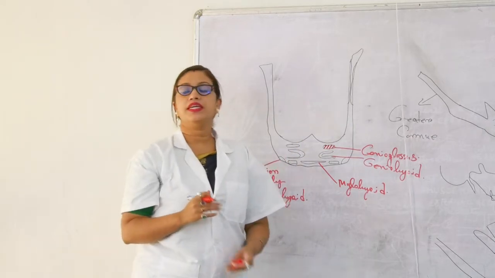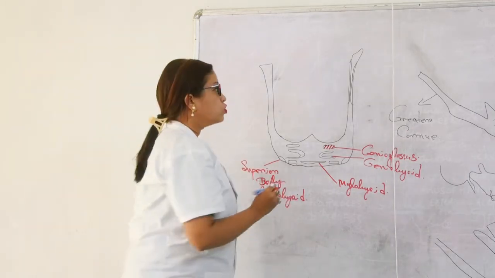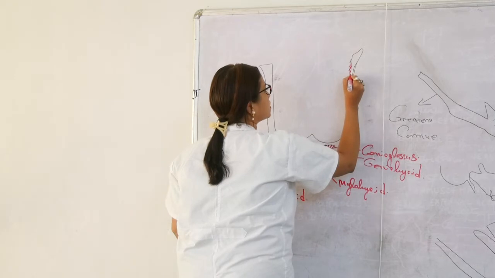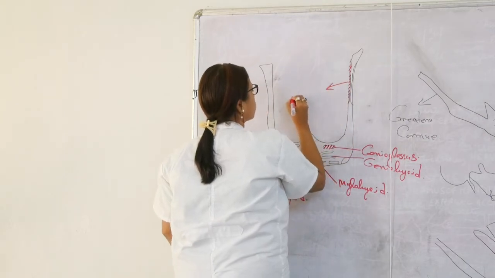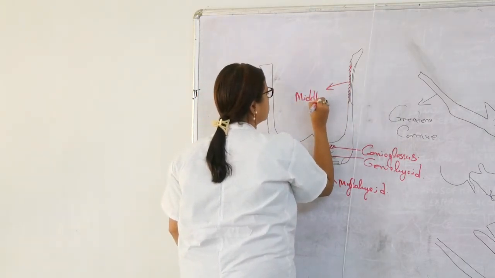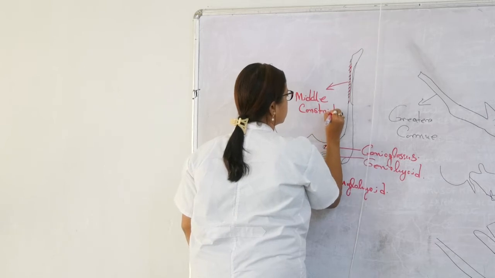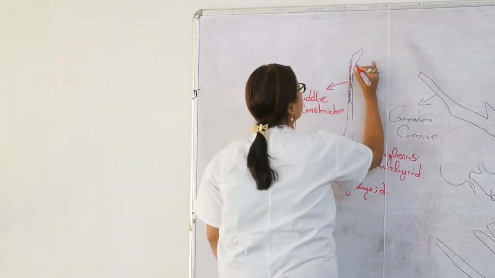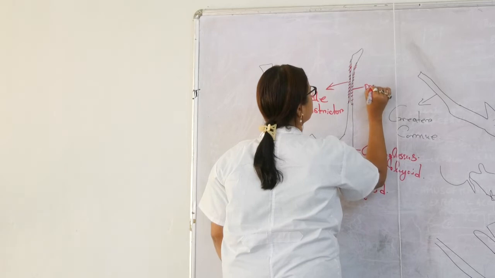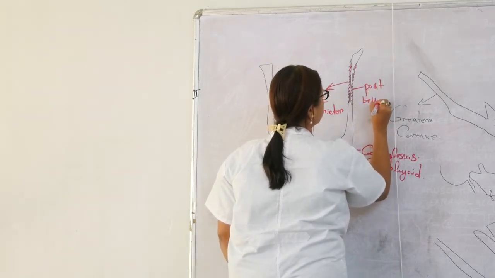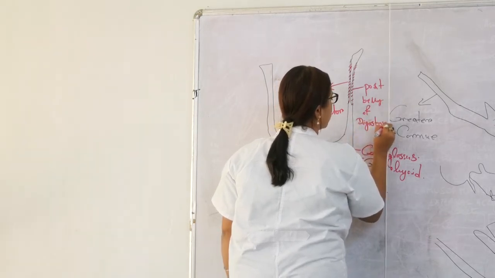Medially it is the middle constrictor, and laterally it is the posterior belly of digastric. The middle constrictor is a muscle of the pharynx, and this one is the posterior belly of digastric.